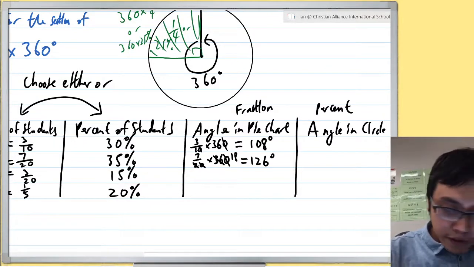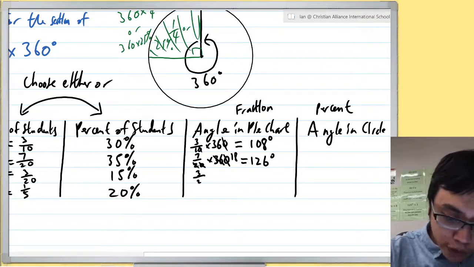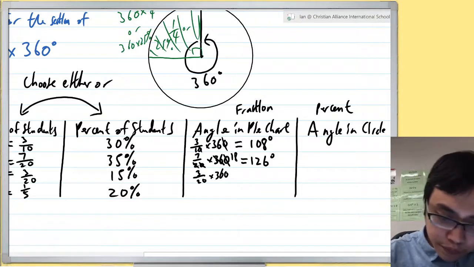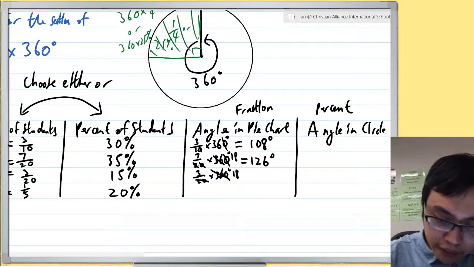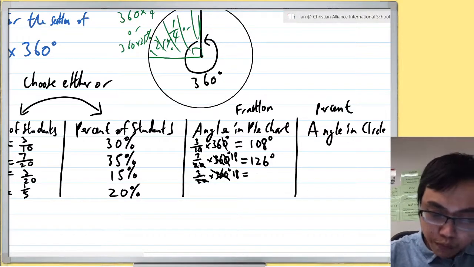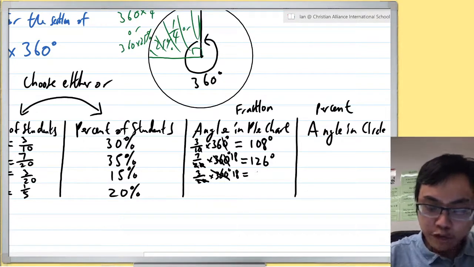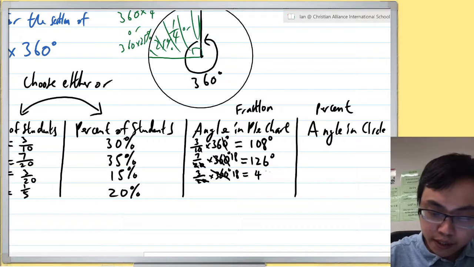And then the next one is 3 over 20 times 360. Don't forget the degrees. 360 divided by 20 is the same as 18, and then 3 times 18 will be 46? Is that right?